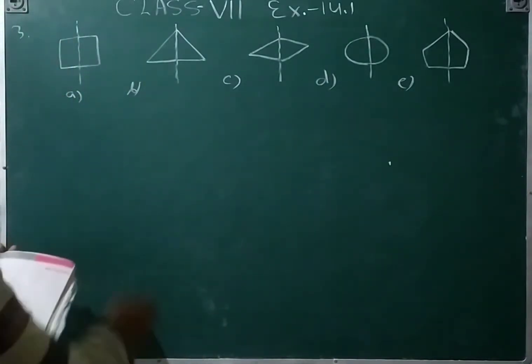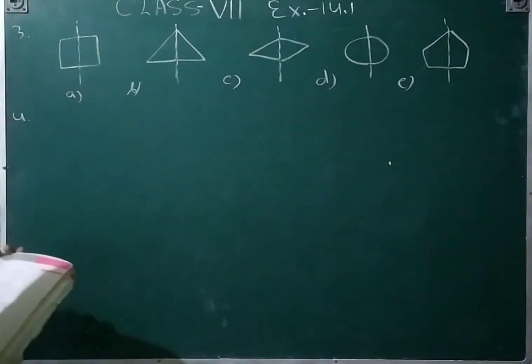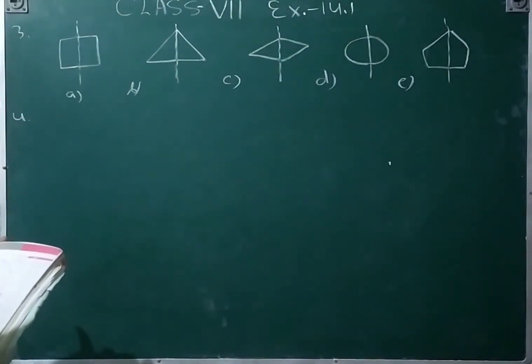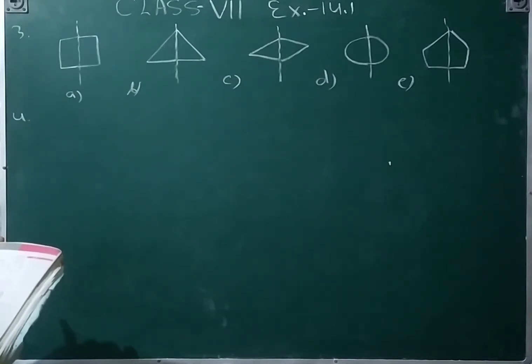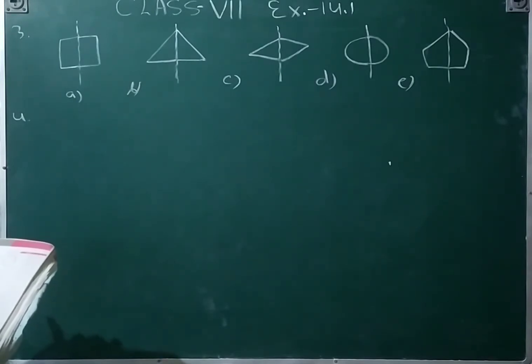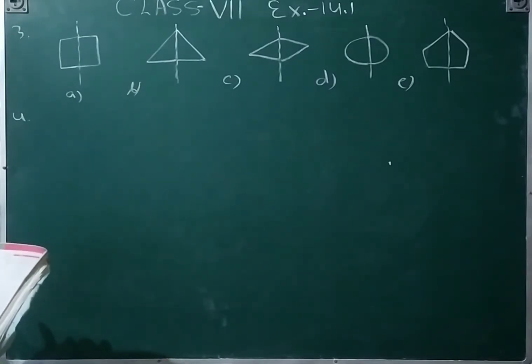Okay, question number 4. The following figures have more than one line of symmetry, given in sets. Set 2 has multiple lines of symmetry. You are looking at A, B, C. Identify the multiple lines of symmetry if the diagram is this one.